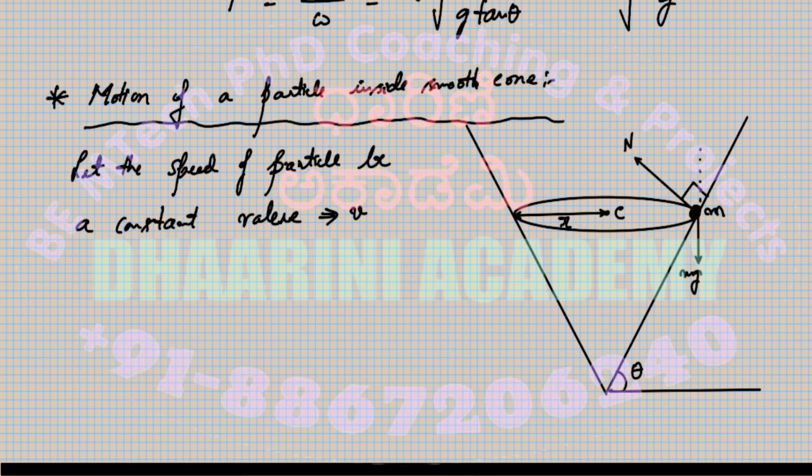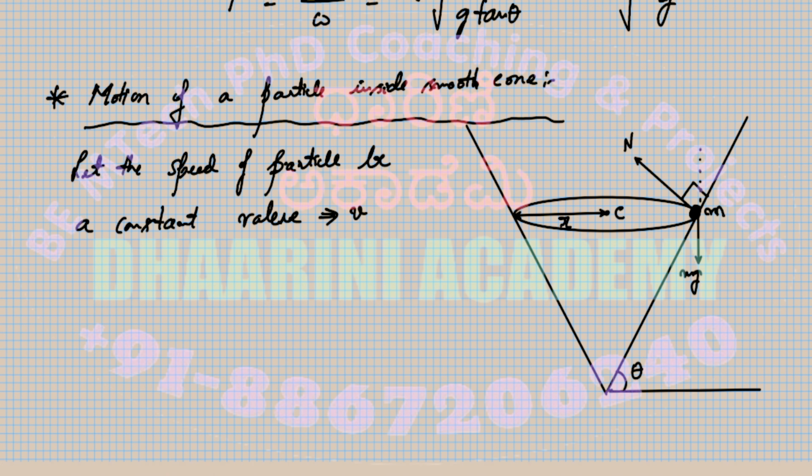Now, in such a case, we can see only two forces acting on the particle. Again, we try to mark the directions properly over here. One is the normal reaction, and one more is the weight, which is m into g. Now, we have already resolved the forces in the vertical tangential direction and the horizontal radial direction.